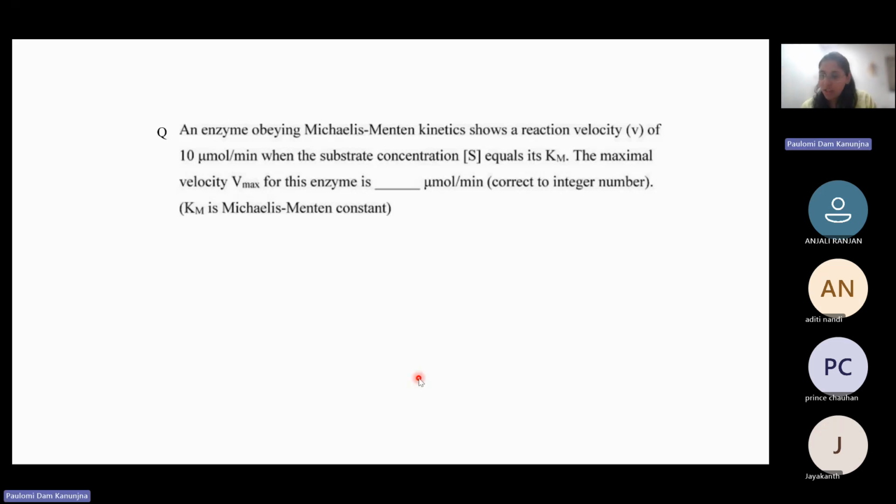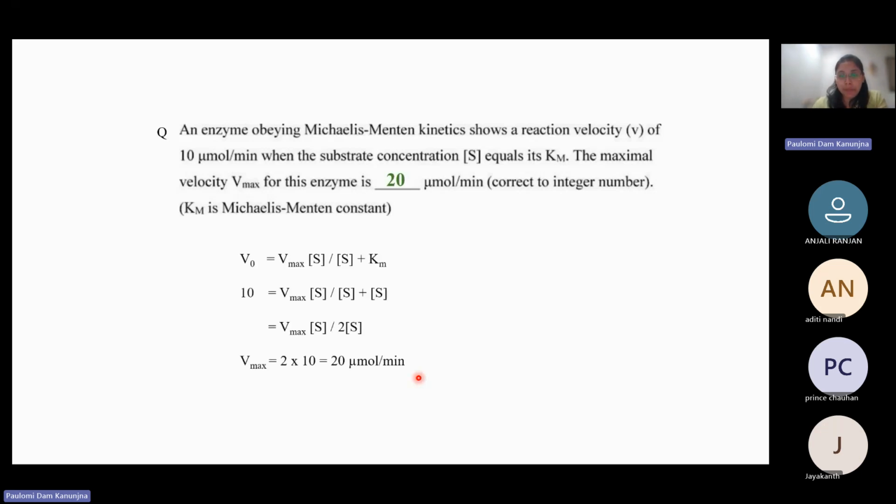Shall I wait? Okay, we'll have other questions we'll do together. Right, so as people mentioned here, 20, which is basically substituting here: V naught is equal to Vmax S divided by S plus Km, where basically this Km becomes S. Vmax S divided by 2S is basically 10, which is the value given to us.